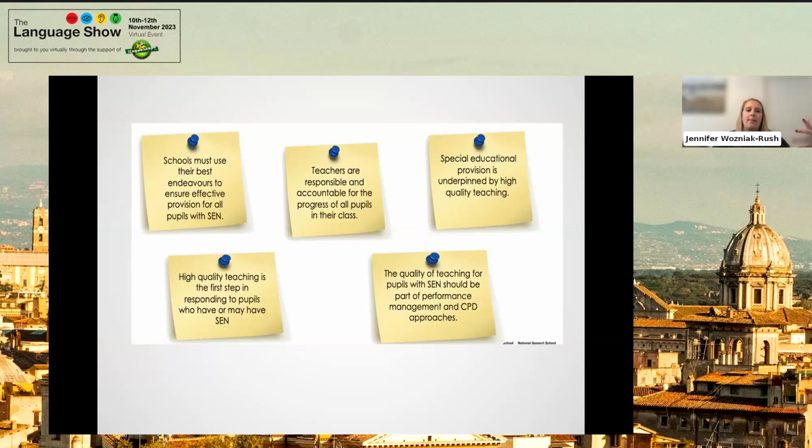It's about making sure that we provide the best for all our pupils, and that we are responsible and accountable for the progress of all our pupils. It's all linked with high quality teaching. But as I said, later on I will show you some very practical ideas to make sure that this is happening in all our classes.